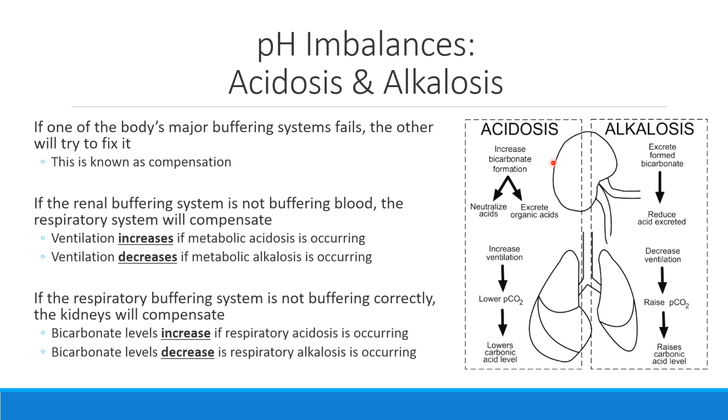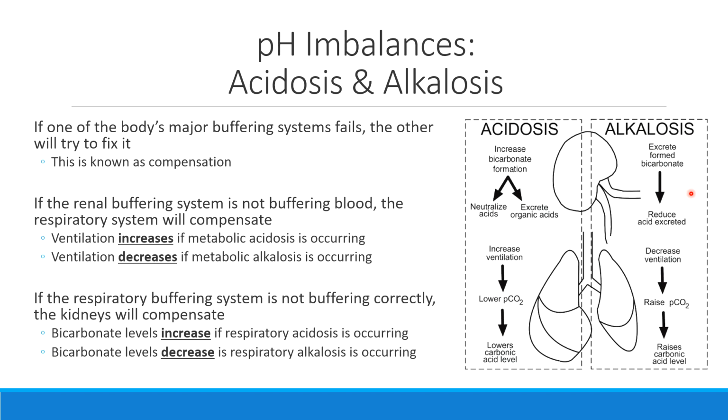So my kidneys are going to address respiratory acidosis this way, whereas my lungs are going to address metabolic acidosis this way, increasing ventilation, which gets rid of carbon dioxide, leading us to lower carbonic acid. That helps to elevate the pH. And on the flip side, we're talking here about up top, respiratory alkalosis.